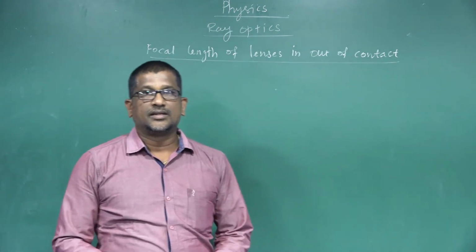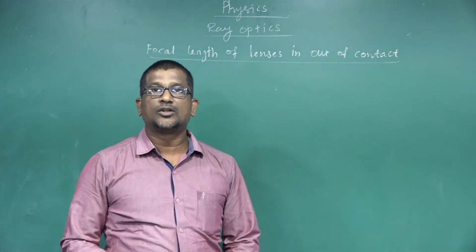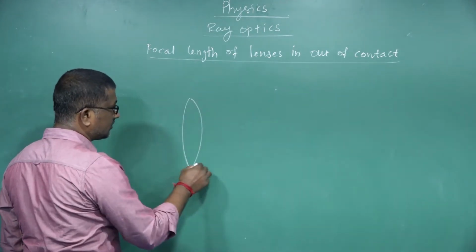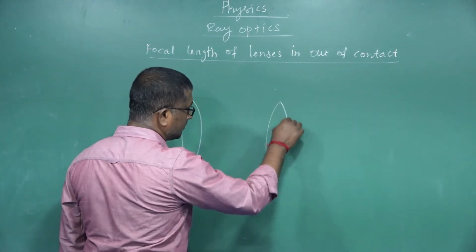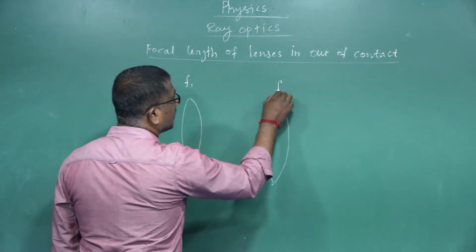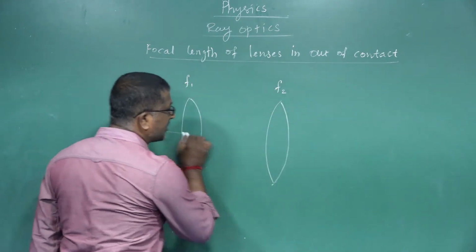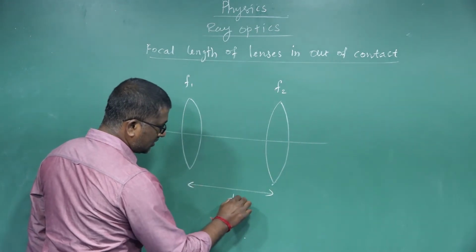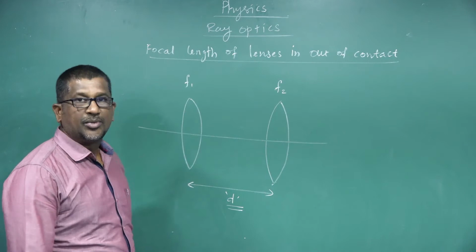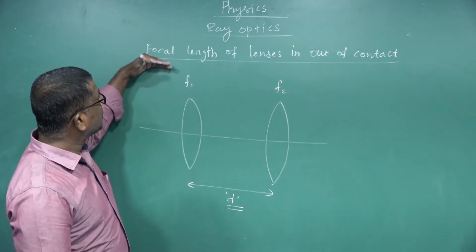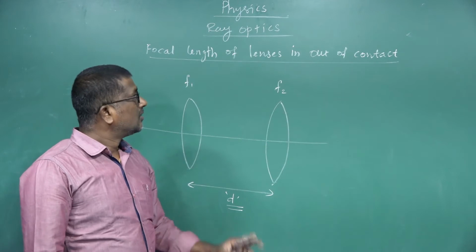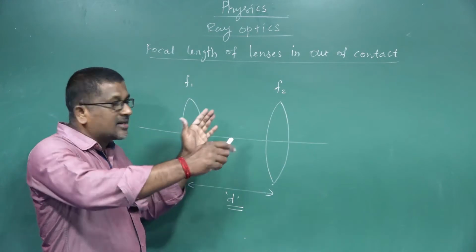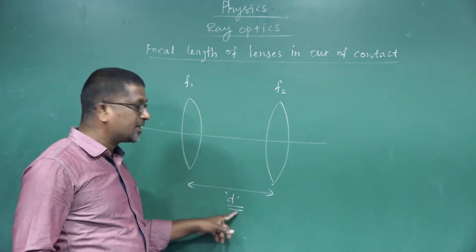In this case, once again we consider two thin lenses of focal lengths f1 and f2, and they are separated by a small distance apart. Suppose let it be d.